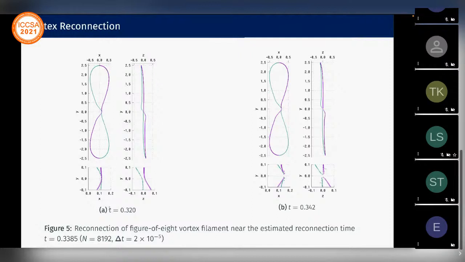At t equal to 0.342, the curves touch each other. This is called the vortex reconnection. This disturbance comes from the reconnection, and we will estimate the rounding errors for this kind of phenomenon.